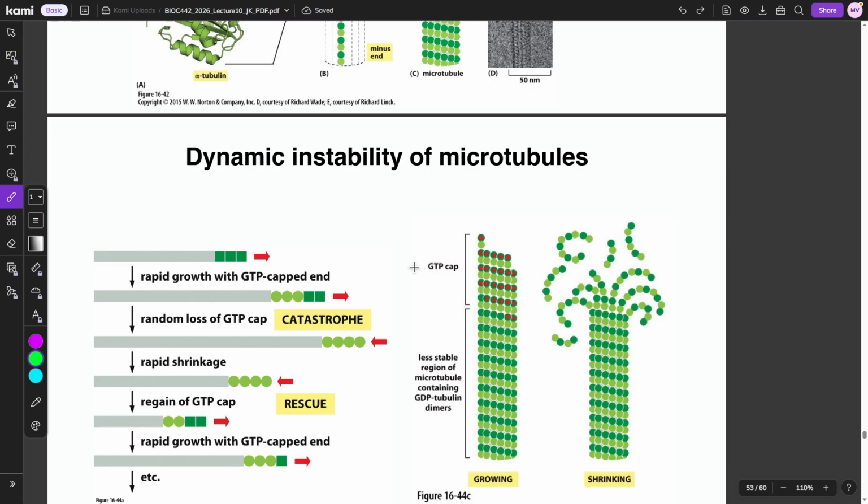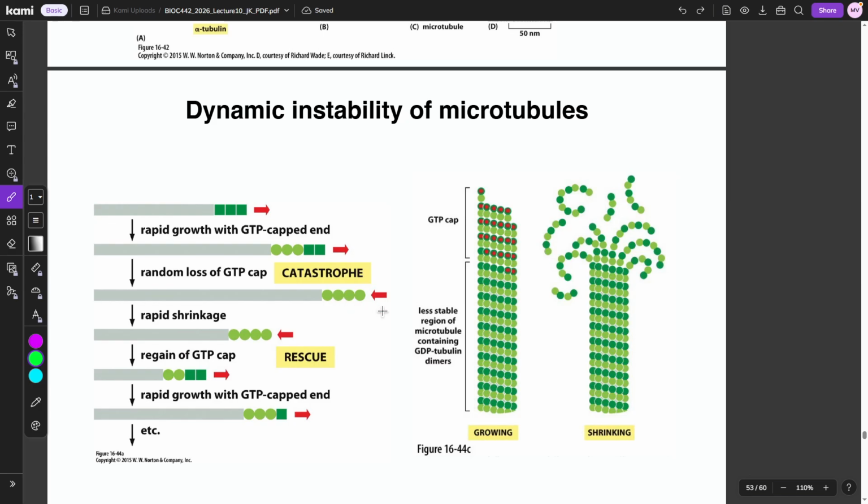Randomly, when the GTP is hydrolyzed, or maybe the GTP falls off, or after a certain amount of time, it causes rapid shrinking, and that is called catastrophe. Catastrophe is this idea of breaking down, if you want to think of it like that. That's when the GTP has fallen off or been hydrolyzed, and so it starts to shrink.